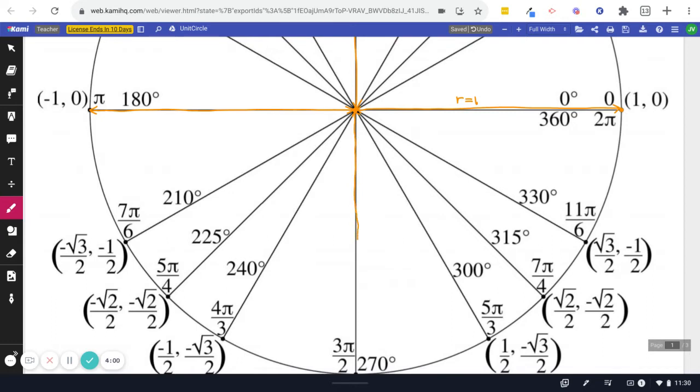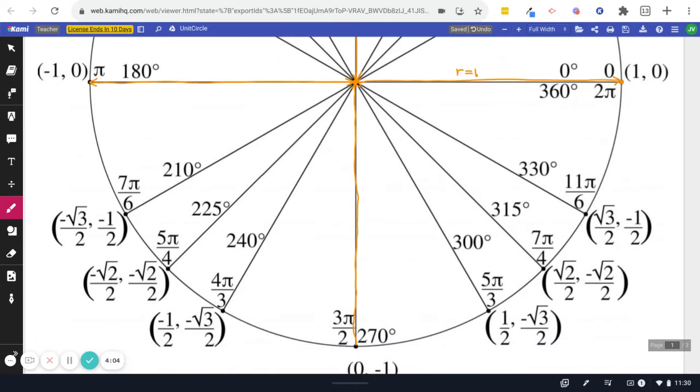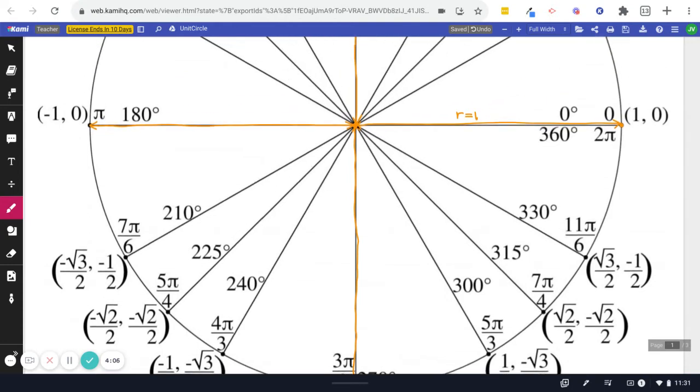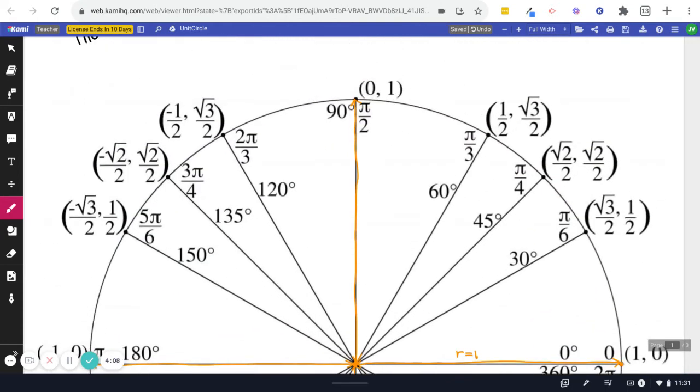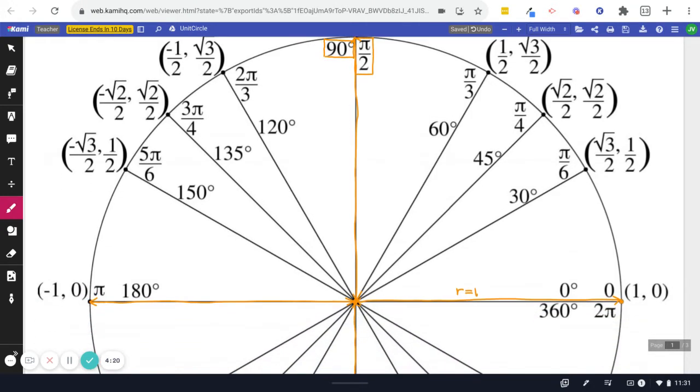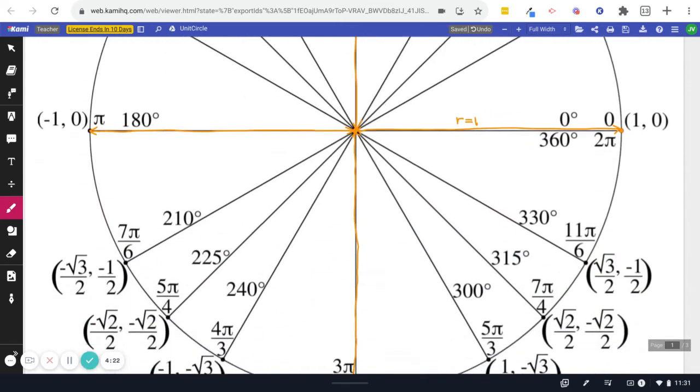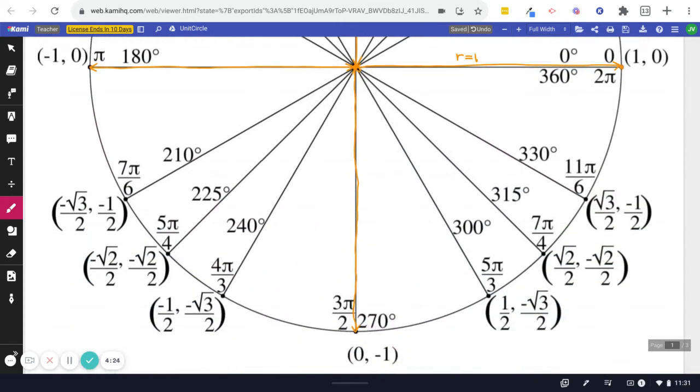They're the ones that live on the axis, and they're all multiples of 90. And we'll notice that when we look at those, so like 90 degrees, it's halfway to 180, so it's pi over 2. What I love about this is the other one that's pi over 2.